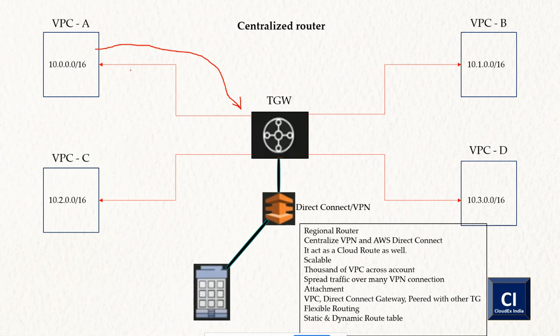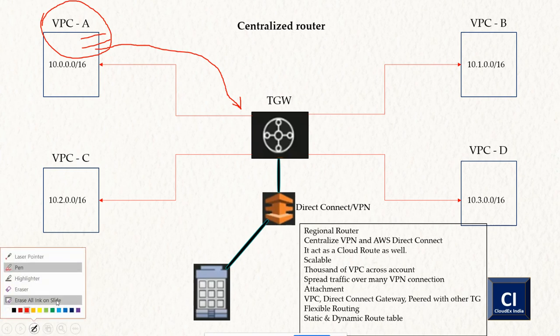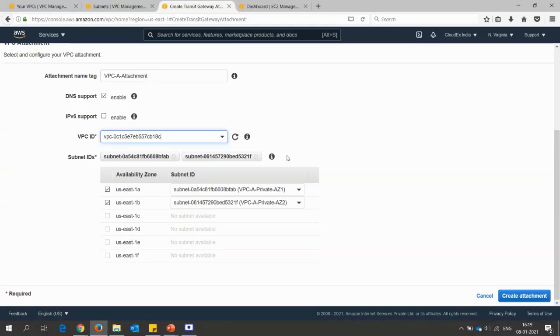So you have to give a subnet from your VPC so that the transit gateway can create a network interface card in your network. On behalf of that network interface card and the IP address, it will communicate with your VPC A. And the same thing happens with the other VPCs as well. So let's do one thing. Let's erase it. Go back to our screen here.